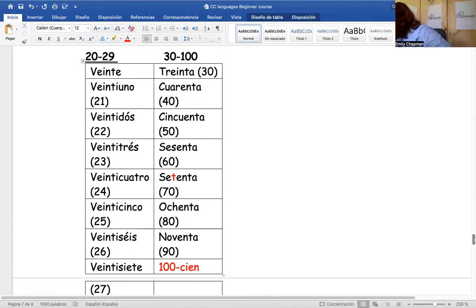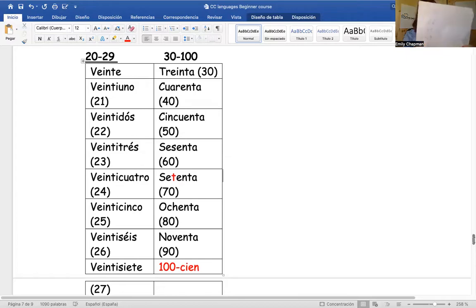Let's practice a few numbers. This is something you can pause, you can watch whenever you like. These are literally just a mix of numbers off the top of my head.